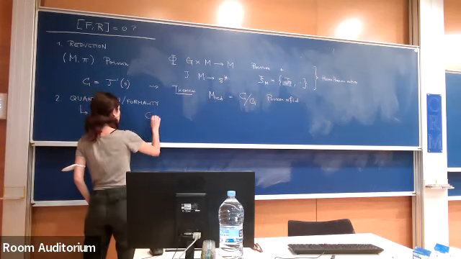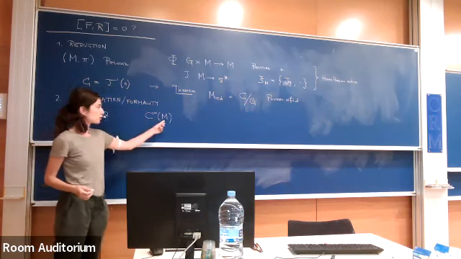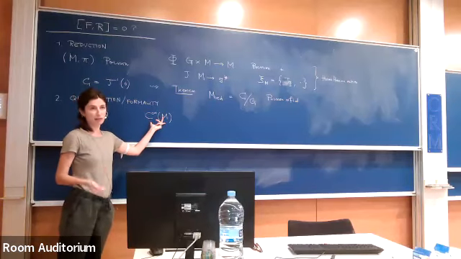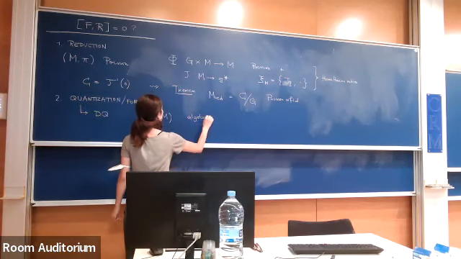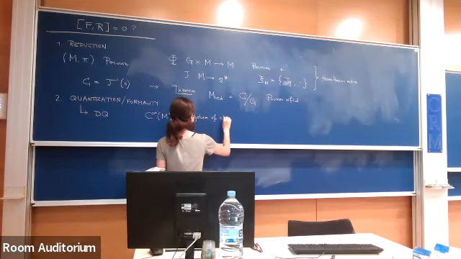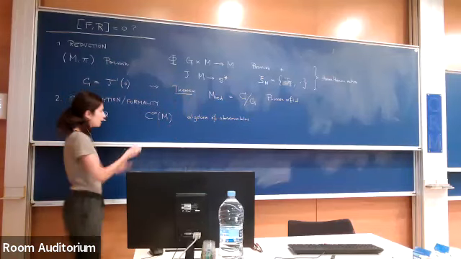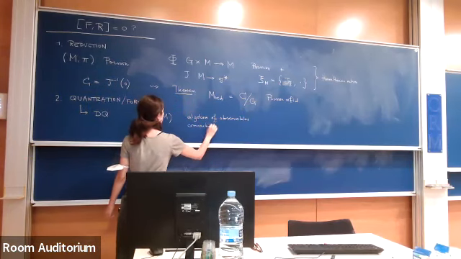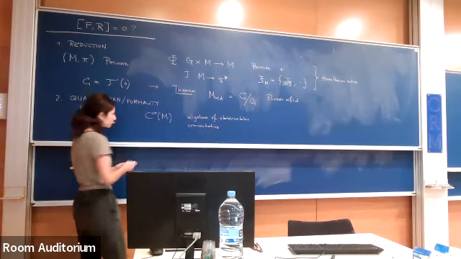We have the algebra of smooth functions on my Poisson manifold, which is the algebra of my physical observables. How do we describe the dynamics? We have a commutative algebra, first of all, and we describe the dynamics via the Poisson structure.